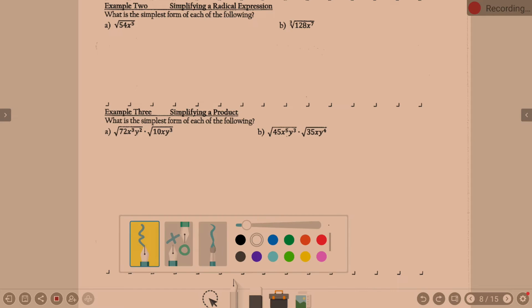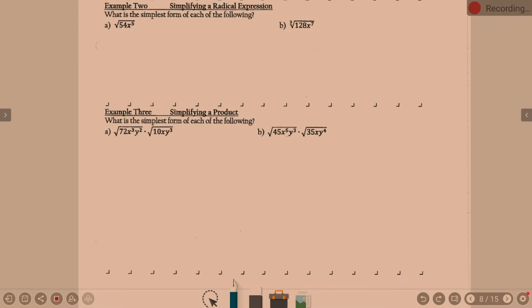We're going to treat this as a square root. Okay, I'm changing the problem. And I want to talk about a square root here. What is the simplest form of each of the following? So what is the simplest form of the square root of 54x to the 5th?